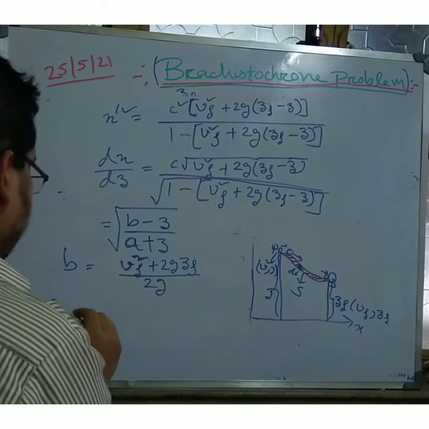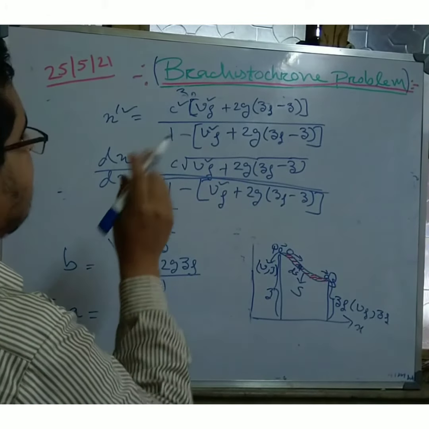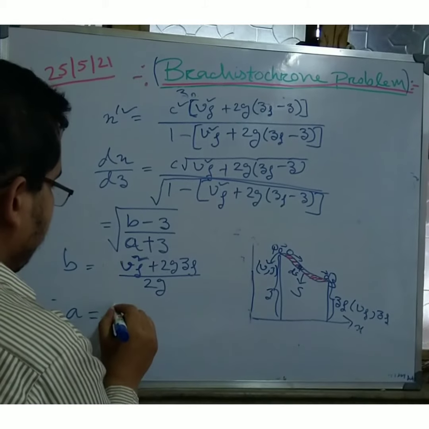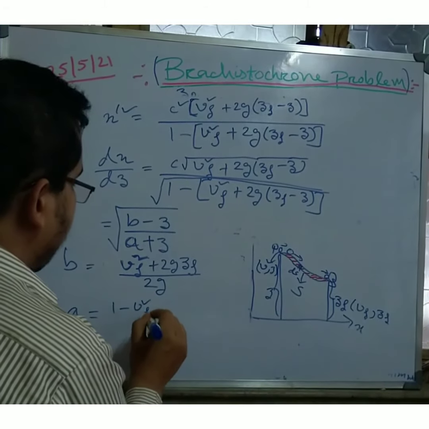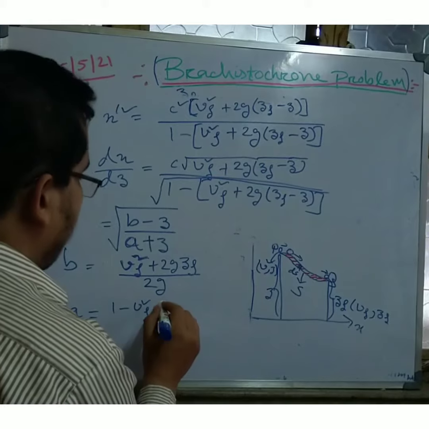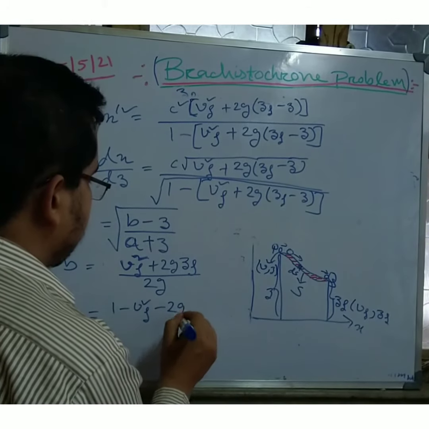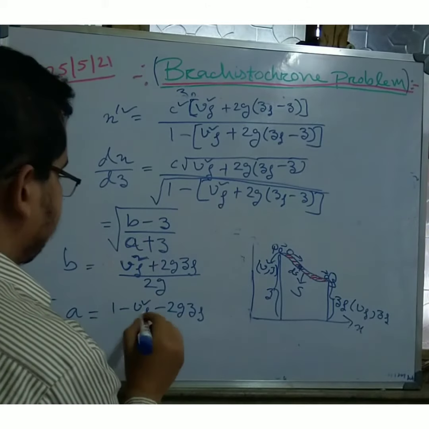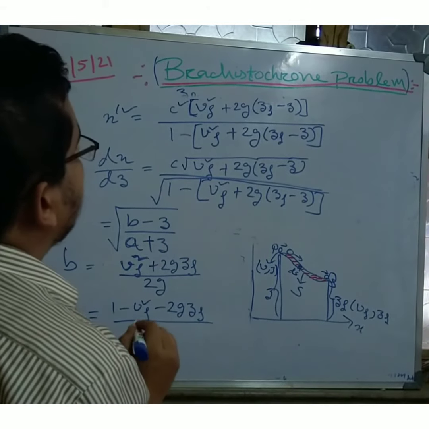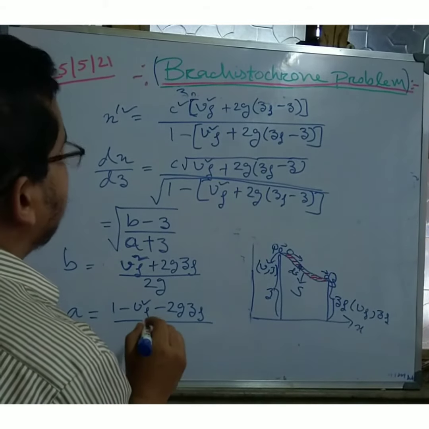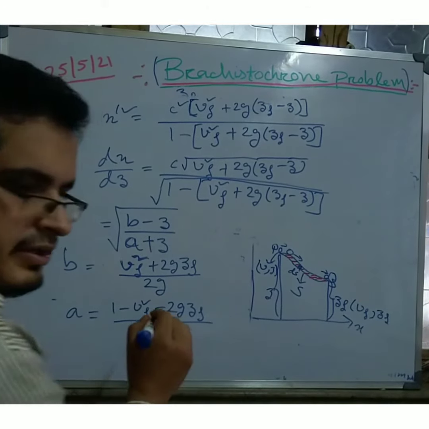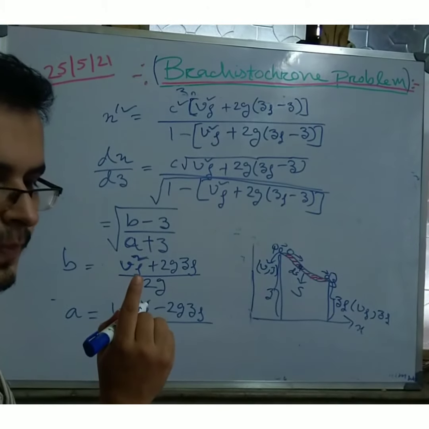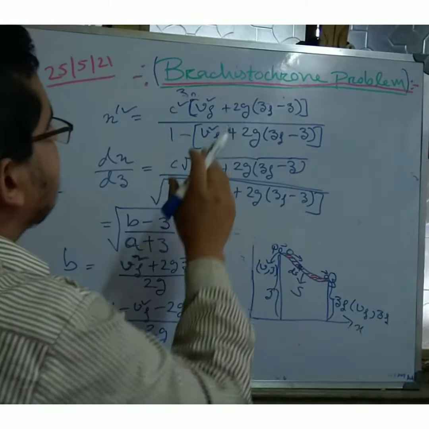Okay, this is the b, and a equals to, what is the meaning of the a, friends? A means 1 minus b square f plus minus 2g zf divided by 2g.